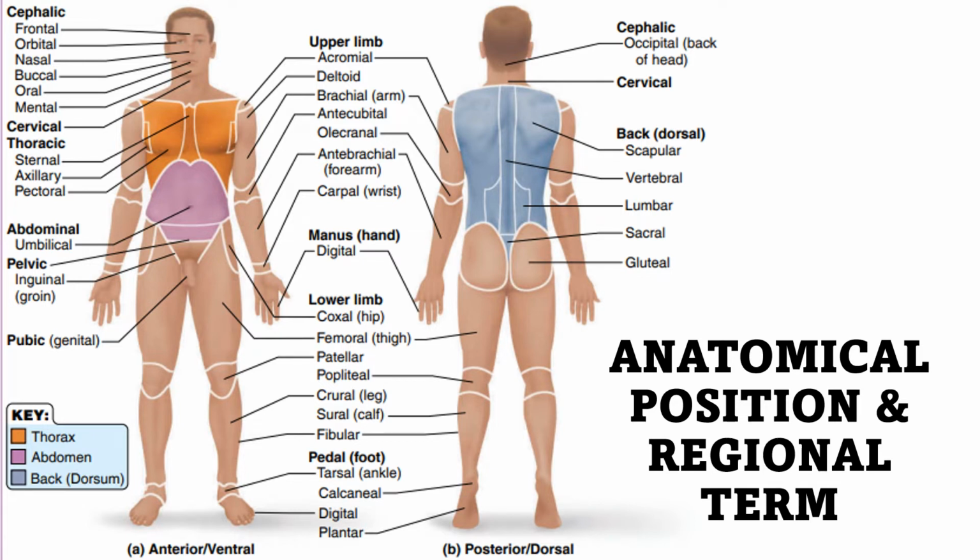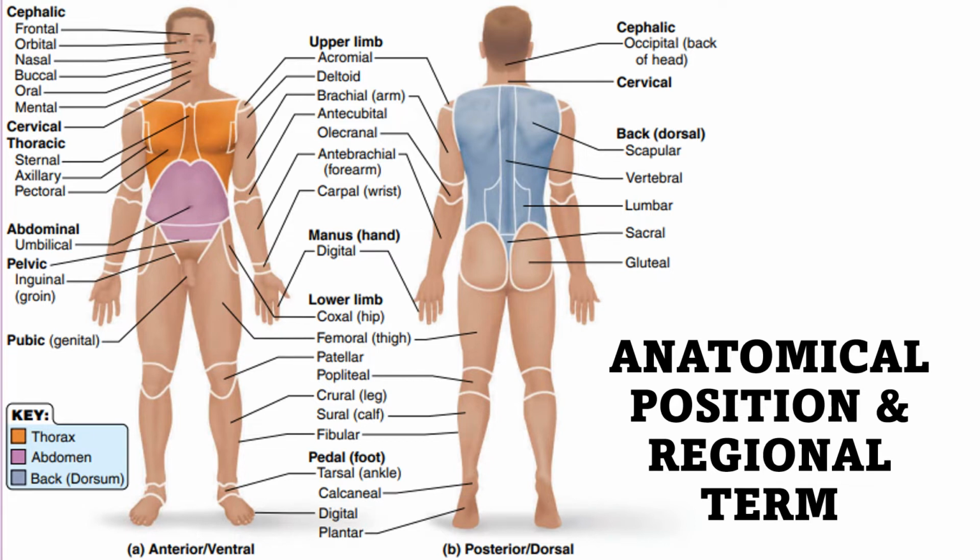If we look at the figure closely, we see that all the parts highlighted in orange are parts of the thorax. In purple, we can see the abdomen. In blue, we can see the back, or dorsum, of the body. There are many visible landmarks on the surface of the body.